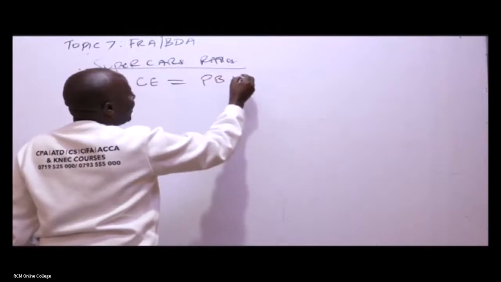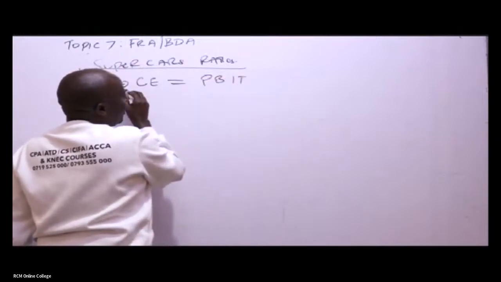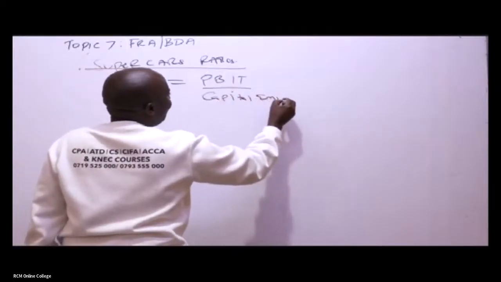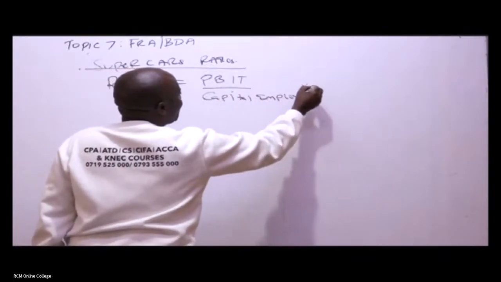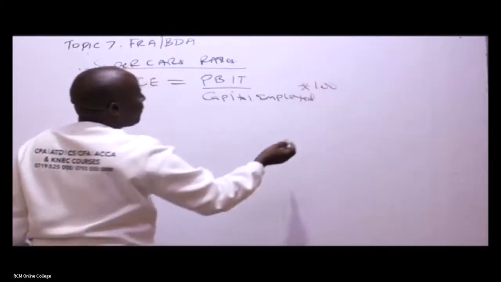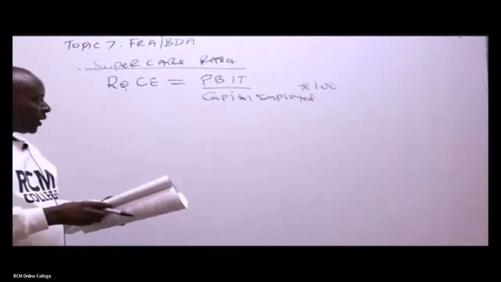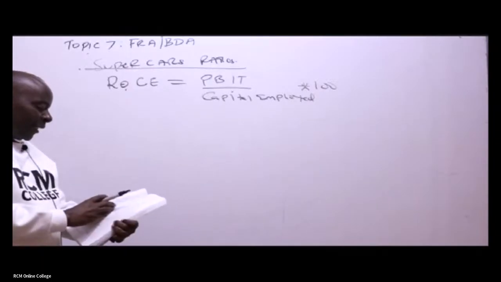It is PBIT, operating profit, over capital employed, times 100. Don't say times 365. This is not a period. When we mark these papers, we normally see great things. So PBIT over capital employed. Please go to your profit statement and pick the PBIT.